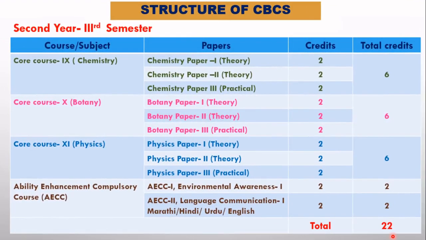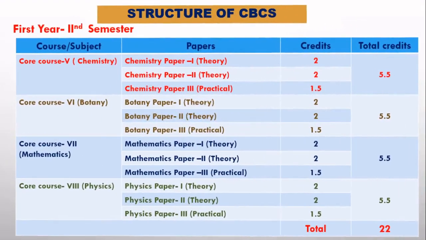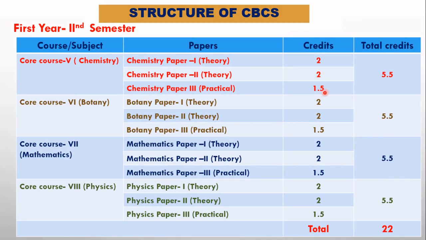Now we will proceed to second year, that is third semester of BSc degree. Here you can see some changes. As we know, in second year a student has to select only 3 subjects. So we have selected chemistry, botany and physics. One subject has been dropped. So here you can see there will be a change. There will be no change in theory credits, but there will be a change in practical credits. In FY BSc, we have seen that the practical credit was 1.5 credits.